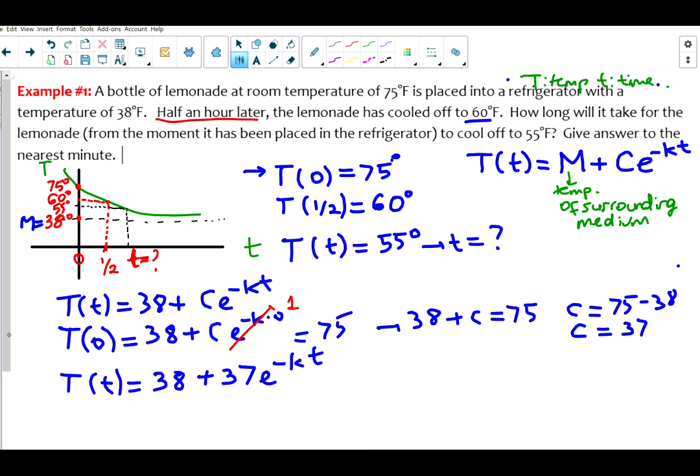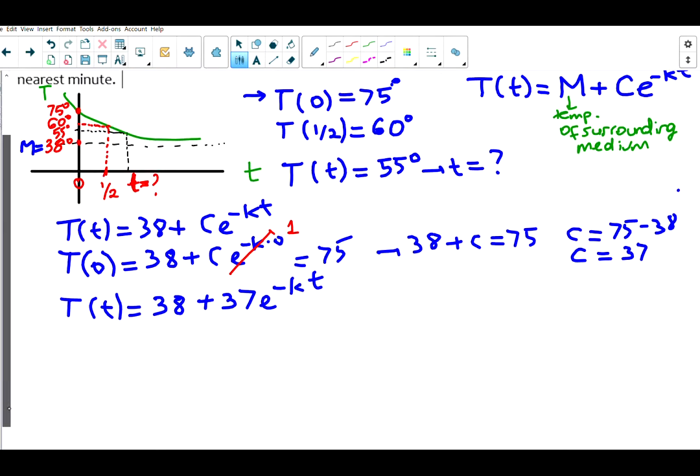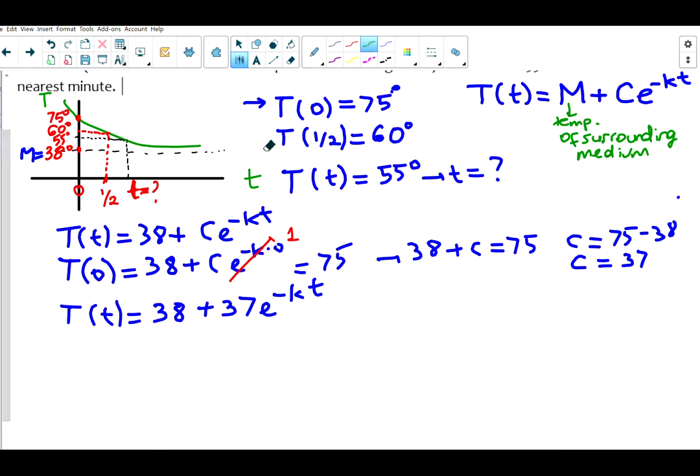At the moment, we don't know what K is, and that's what we're going to get next by using this information. We know T of 1/2 is equal to 60. So how can you use that together with this? If you said, let's plug in 1/2 for time and set the whole thing equal to 60, you were correct. So let's do that.